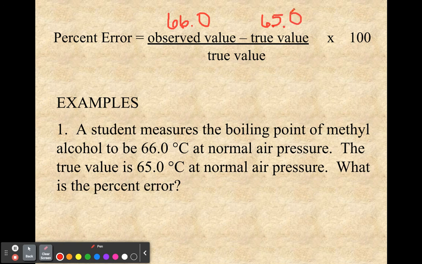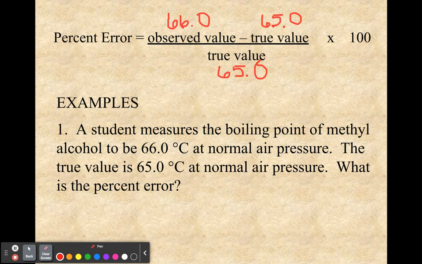Okay, so you take 66 minus 65, and then we divide that by what? By the true value. What's the true value? 65.0. So what is 66 minus 65? 1.0.